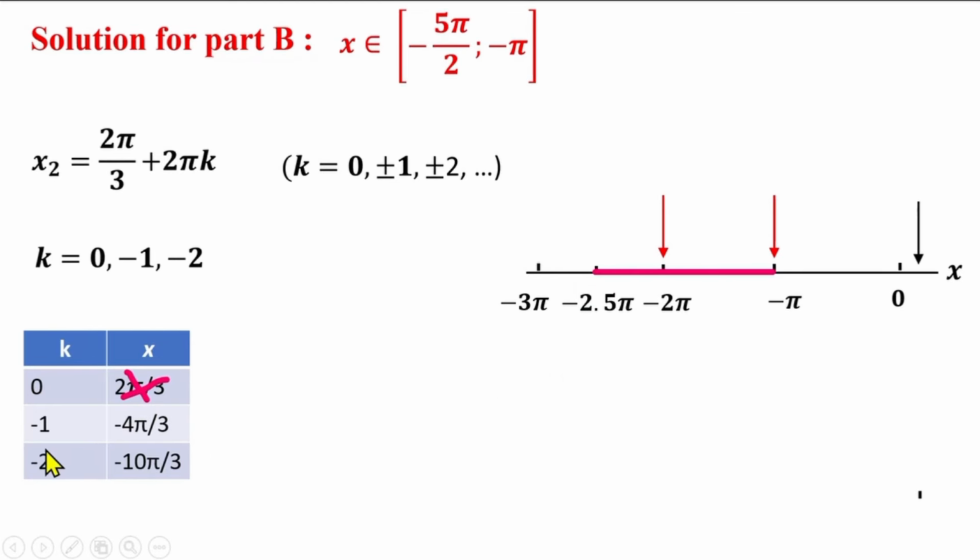For k equal negative 1, we have minus 4 pi over 3, approximately negative 1.3 pi, somewhere here, is inside the interval. K equal negative 2, we have minus 10 pi over 3, so negative 3.3 pi, somewhere here, it's outside. So we have here one more root, namely minus 4 pi over 3, which is inside of the given interval.